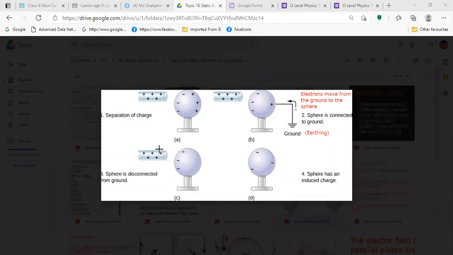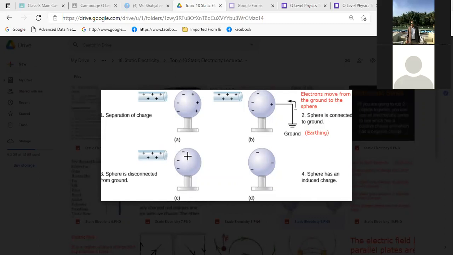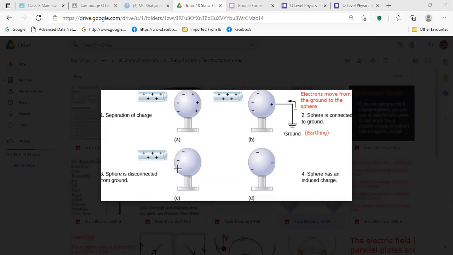Before removing this rod, you see the negatively charged are here at one side, right? And when the positively charged rod is removed from here, then the negative charges are uniformly distributed on the surface of the sphere.